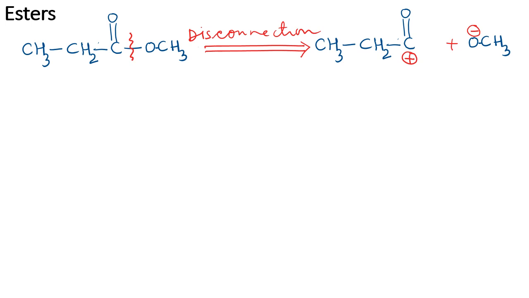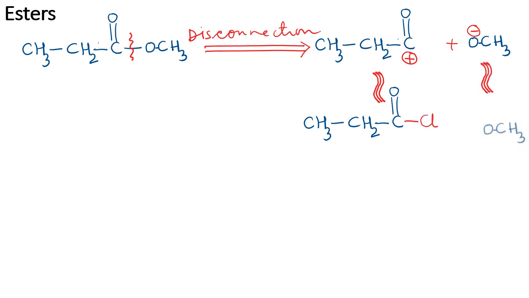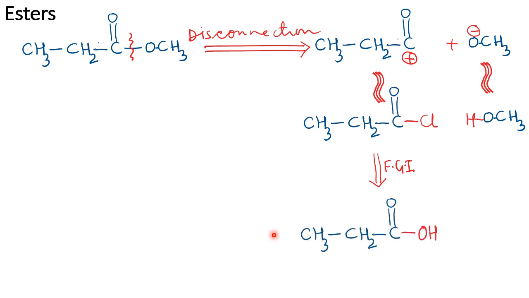Then these two synthons which we have got are converted into corresponding reagents. So here Cl is added to get acid chloride, and here H is added to get methanol. And then this particular acid chloride can be further converted into the corresponding acid by using functional group interconversion.